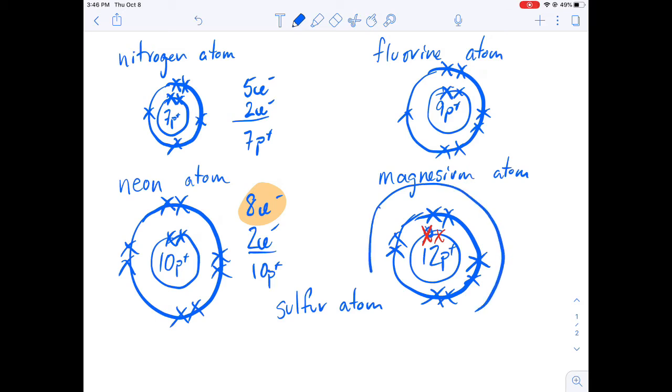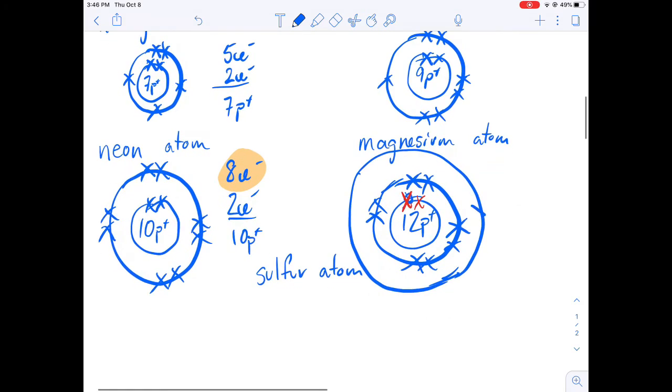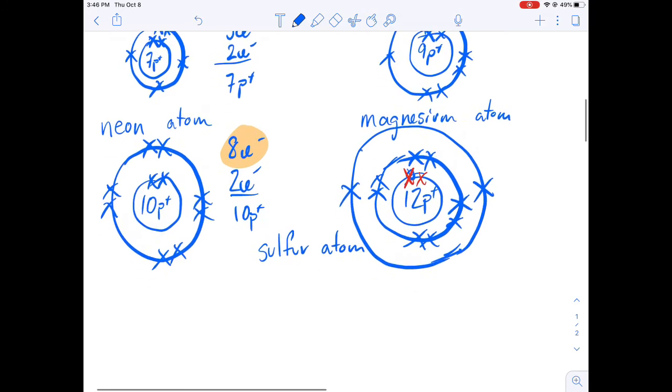But remember, we have to fill up the 4 sides of the shell before we start making pairs. So it'll have 1, 2. One of the things people ask me is, do I have to put them in that order? Like, does it need to start at the top and go to the side? The answer is no. If it's got 2, I can do it like this, or I could put them like this. It doesn't matter. I just can't start making pairs until I have completed that.